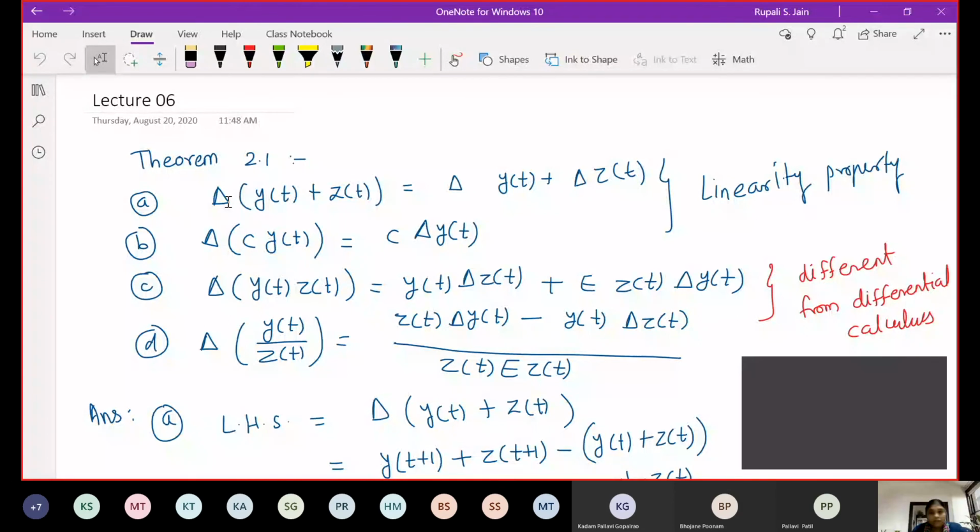Applying summation. Where do I have to apply summation? If I apply summation directly here, what will I get?